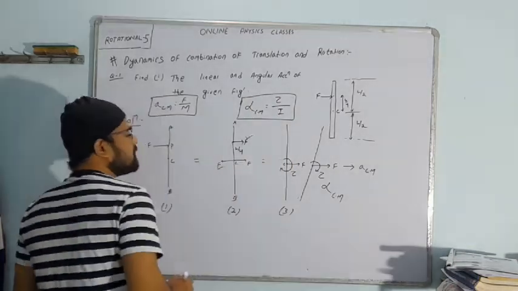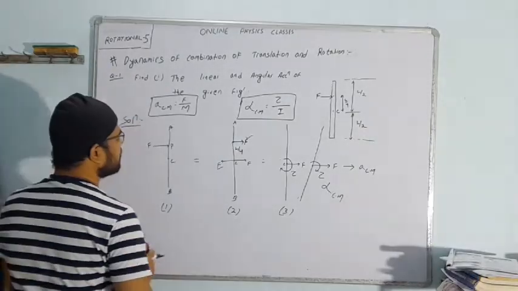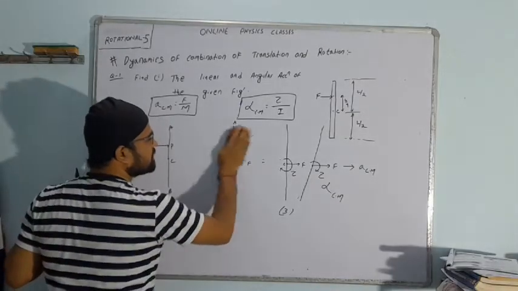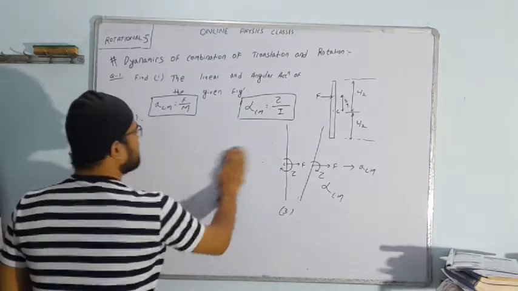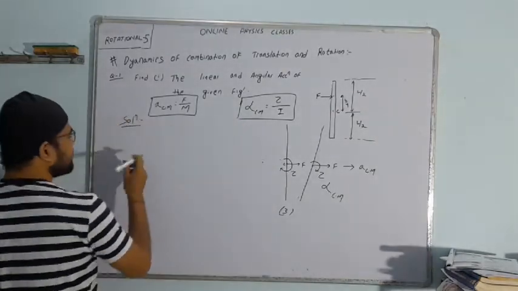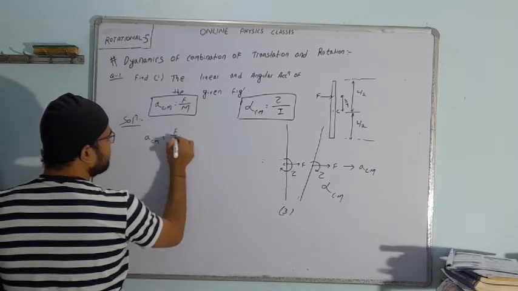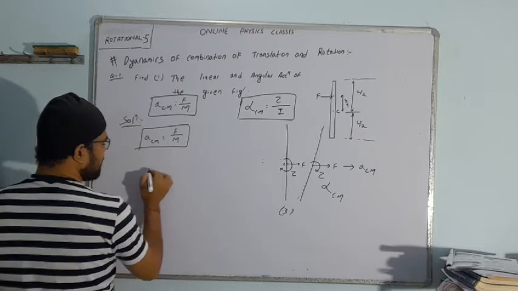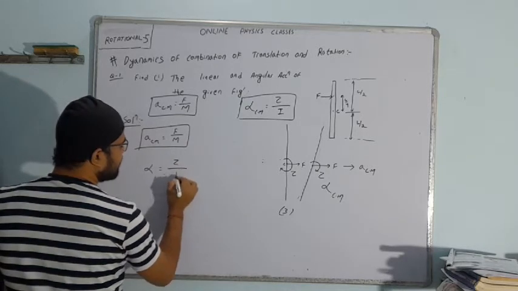How can we find torque? So linear acceleration comes as F by m. Alpha, you know, is tau by I. What is tau?